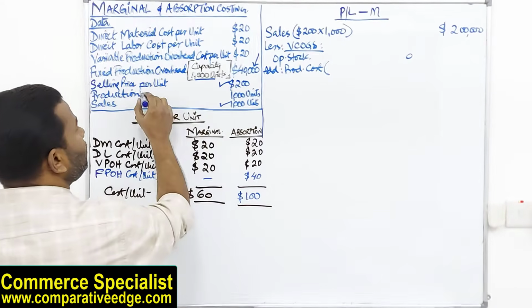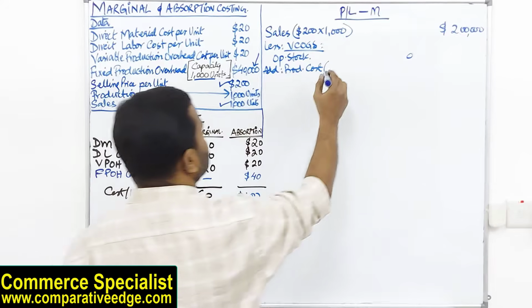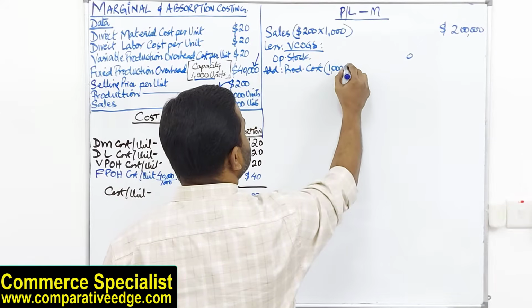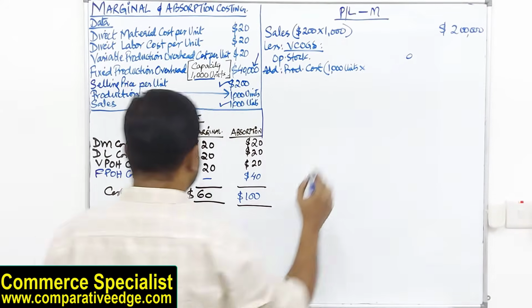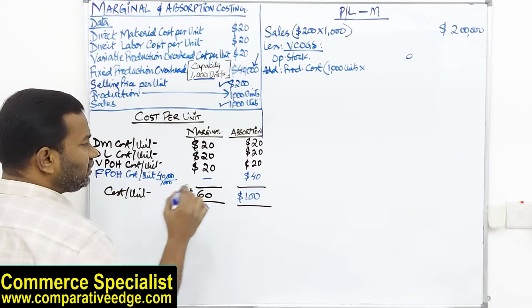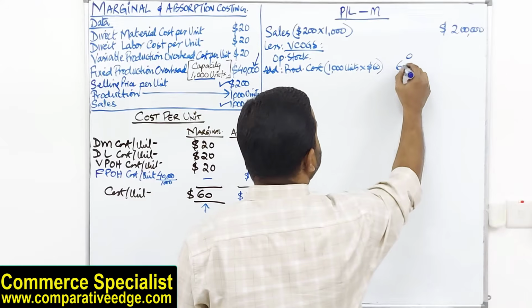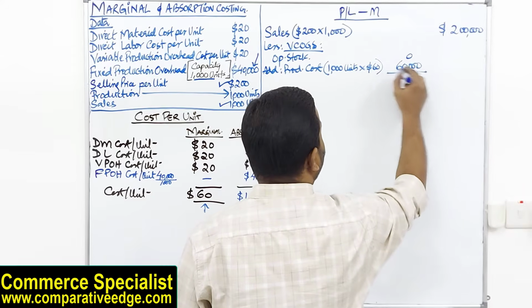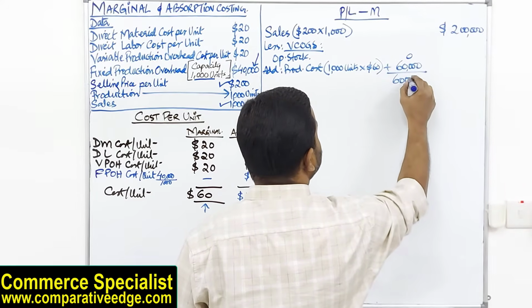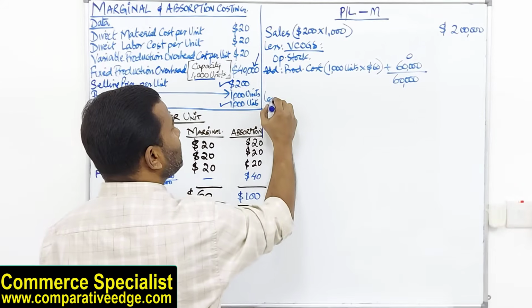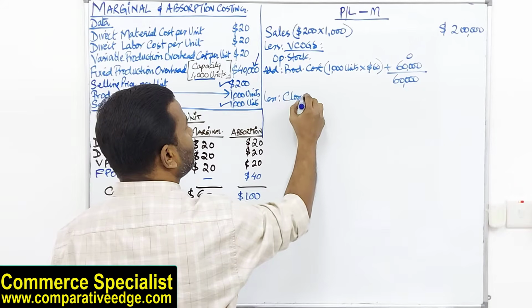How many units did you manufacture? 1,000. So your production is 1,000 units, and each unit cost you under marginal costing $60. So you multiply it by $60 and get 60,000. Add this, 60,000 plus 0 is 60,000, and less closing stock.